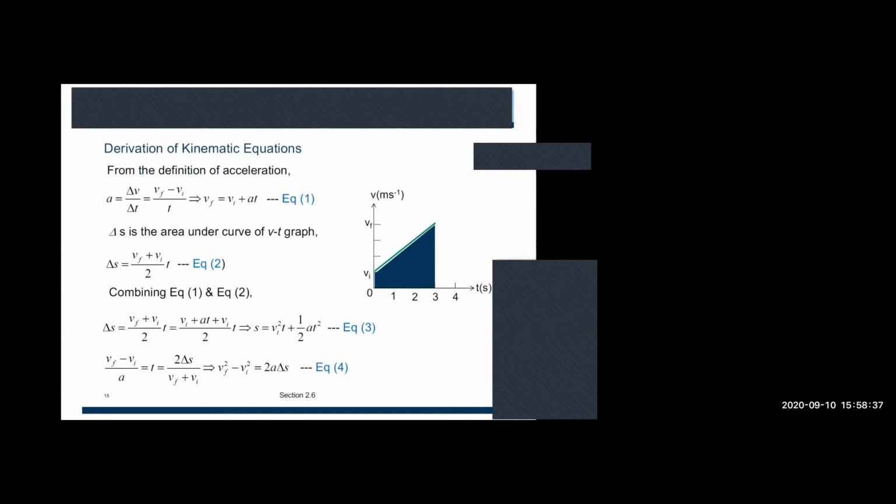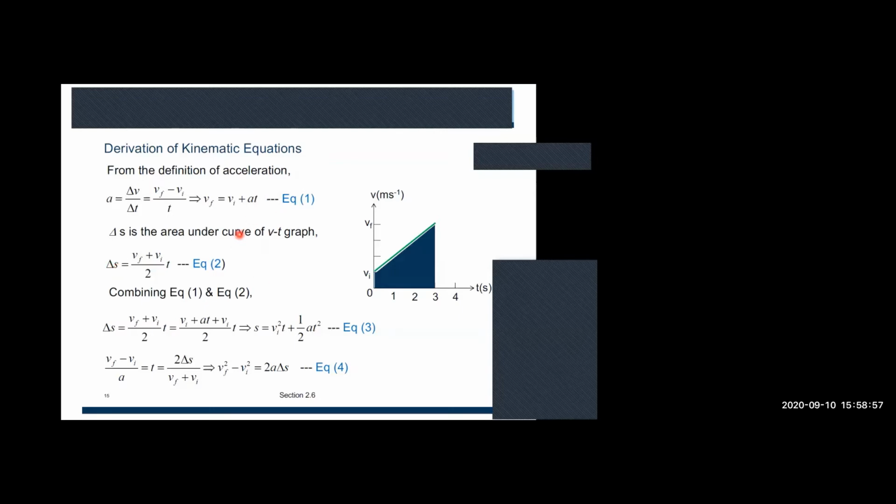So the average velocity can be obtained by just adding the final and the initial velocities and dividing by 2. And then you would have it multiplied by time to give you the average displacement.